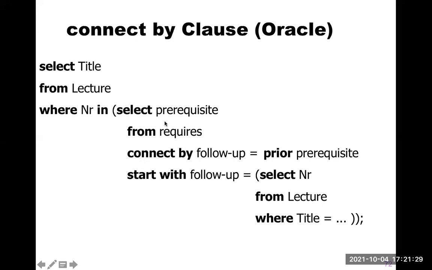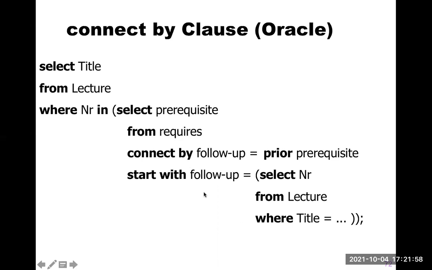CONNECT BY is for walking this tree. It may address only a single table, and a table of this kind. It has two fields, one field is a parent, and another field is a child ID. So prerequisite, let's say, is a parent, and follow-up is a child.